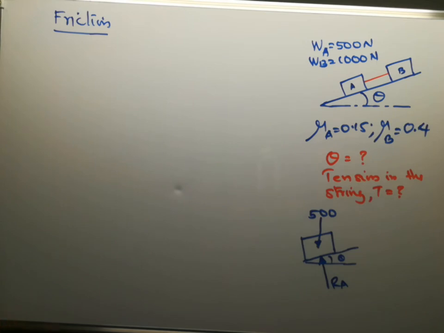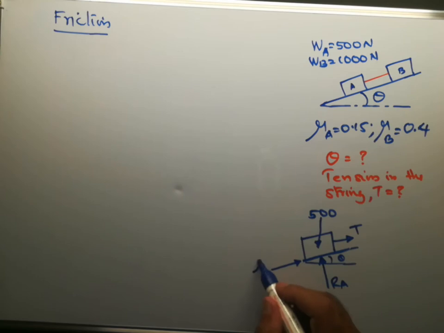Then the string will be trying to pull the body up, T. And as the body will have a tendency to move down, the frictional force will be acting parallel to the plane in the upward direction, up the plane like this.